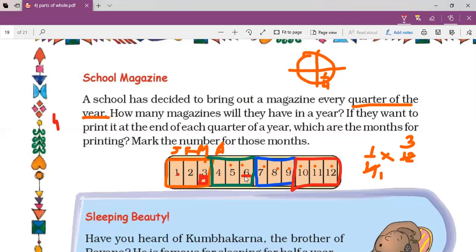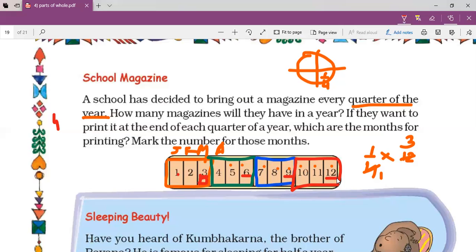So in June they will print the next magazine. Next again 7, 8, 9, that means July, August, September. In which month will they print the magazine? In the ninth month, September. And October, November, December: at 12, that is in December.